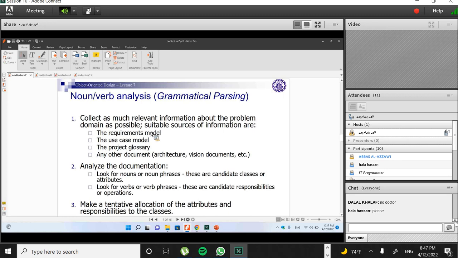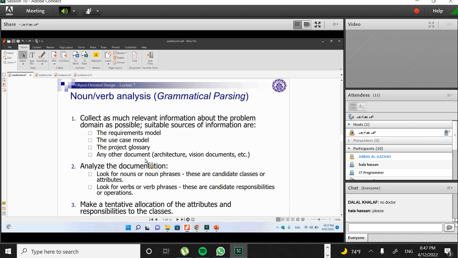The use case model, the project glossary, and any other documents like architecture, vision document, etc. In our case study, we just refer to the requirement document, which is provided by stakeholders, by the end users of the project.